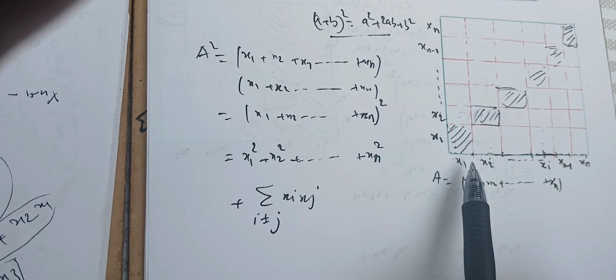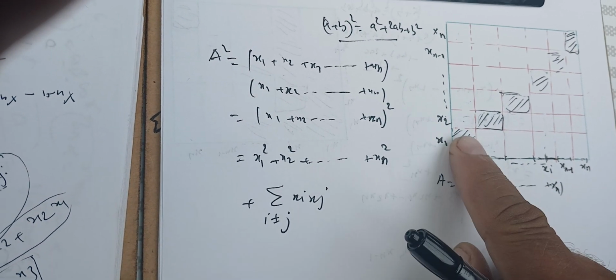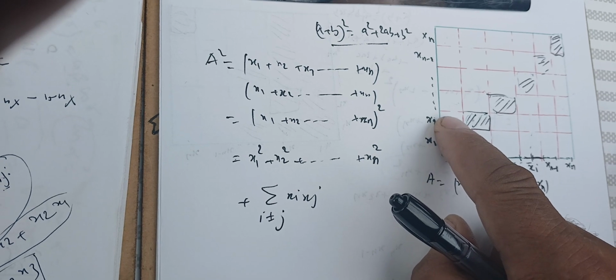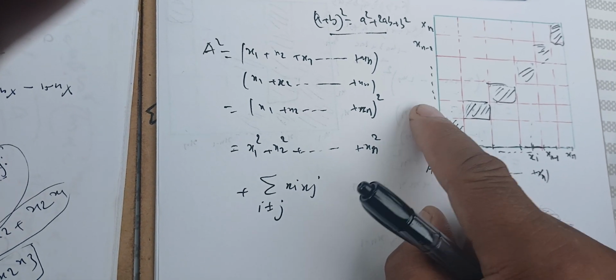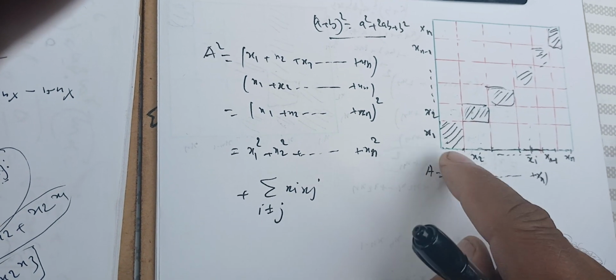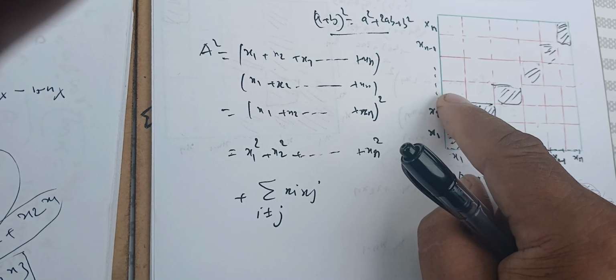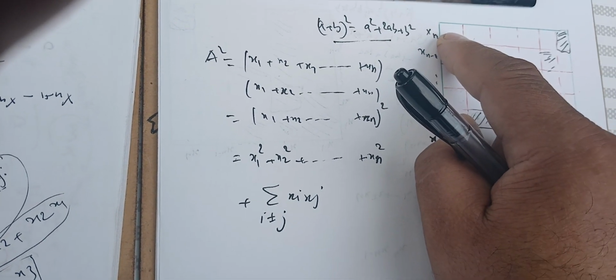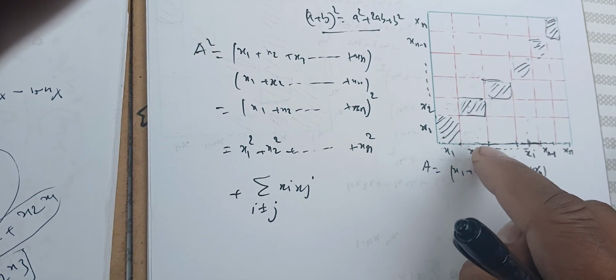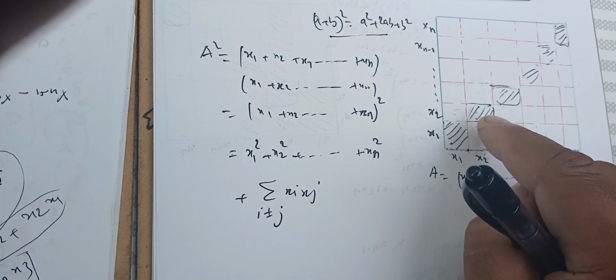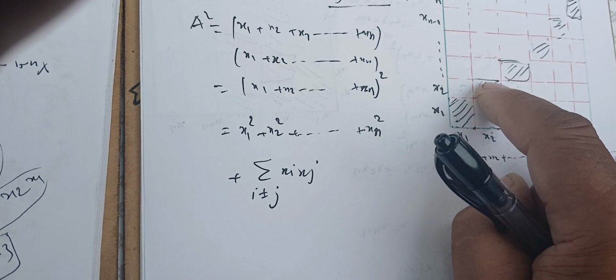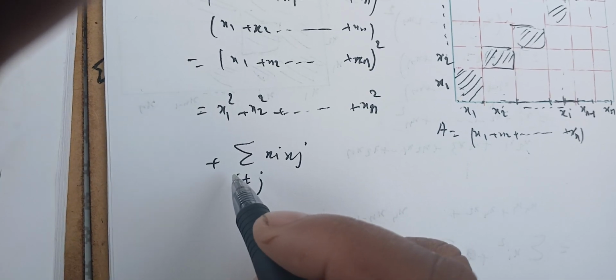So if i is 1, I skip this one and I multiply: x1 times x2, I skip x1, x1 times x2 plus x1 times x3 plus x1 times xn. And I move to 2: x2 times x1 plus x2 times x3, I skipped 2. So that's what we mean by this formula here.